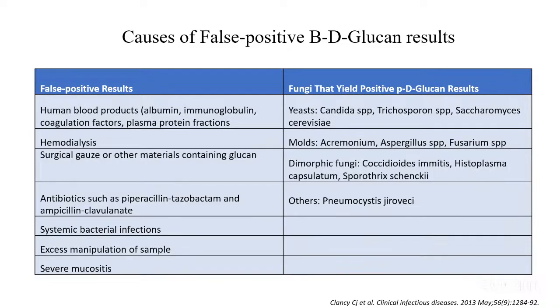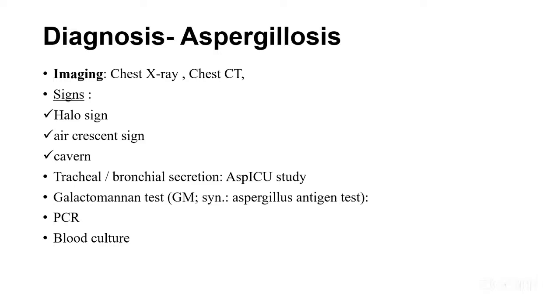Then second is PCR. Detection of Aspergillus DNA from the blood. It is included in the EORTC, European Organization for Research and Treatment of Cancer, since 2020, in neutropenic patients with underlying hematological disease. PCR is important. Assessment is good in neutropenic patients with a high negative predictive value.